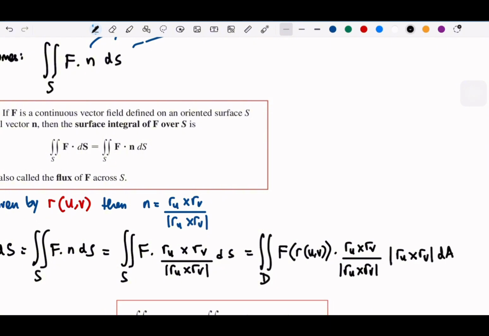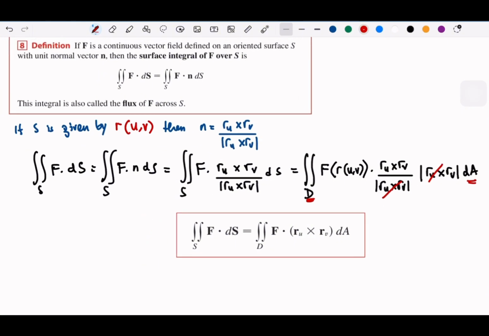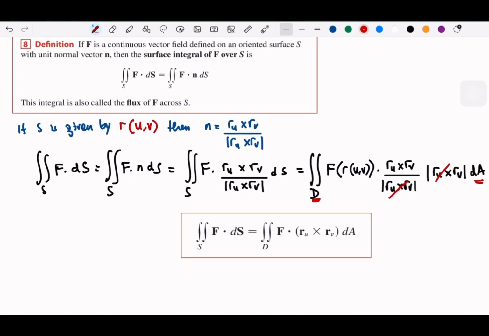And then this is dA, so dA will depend on the region. And then this magnitude will cancel, right? So we can write F dot dS as F dot r_u cross r_v. So the orientation for n will be based on the cross product, okay?